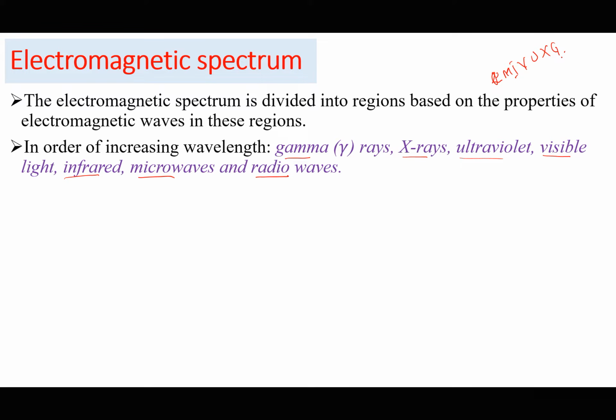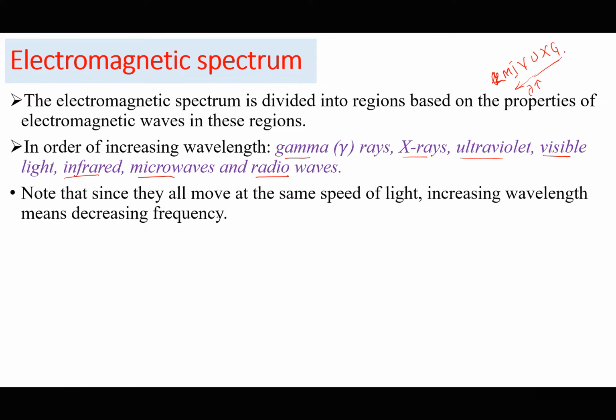That is, in order of increasing wavelength, the wavelength increases from gamma rays to radio waves. In other words, radio waves have the greatest wavelength. I want you to note that since they all move at the same speed of light, increasing wavelength means decreasing frequency, because v equals lambda times f, which means if v is the same, then wavelength is inversely proportional to frequency.